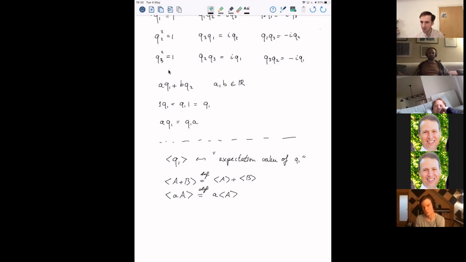So these are just some mathematical properties of the expectation value.